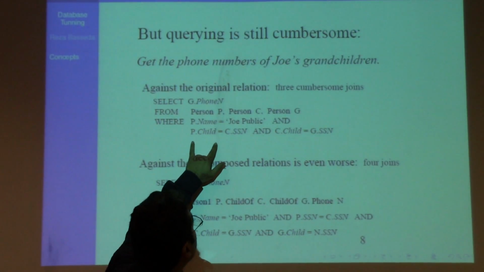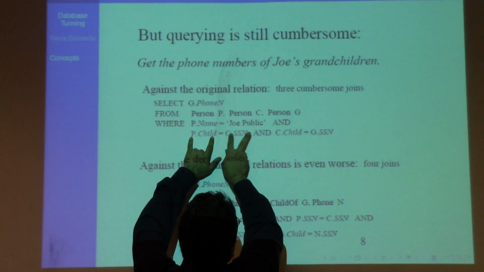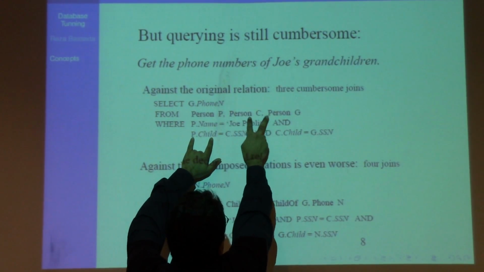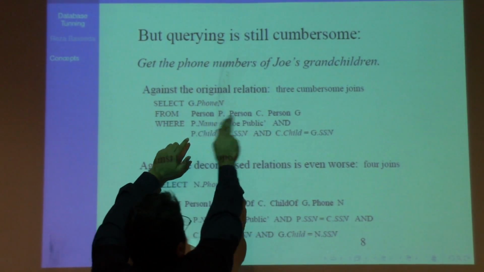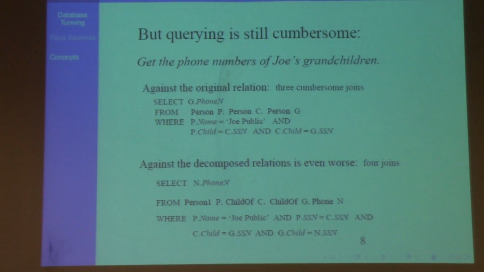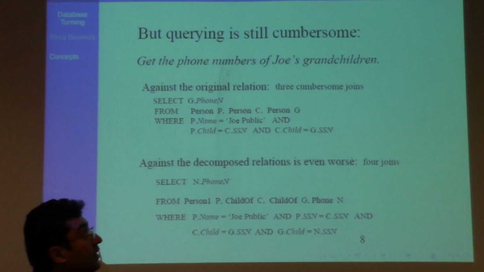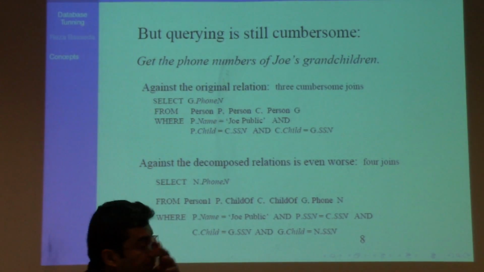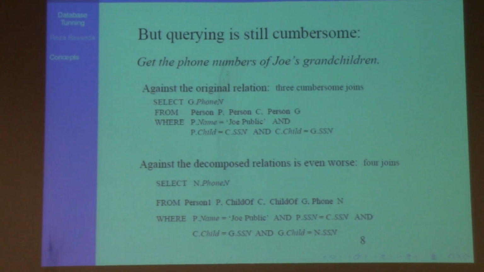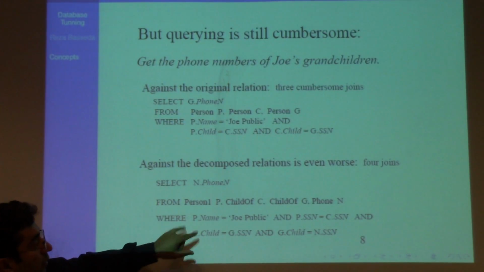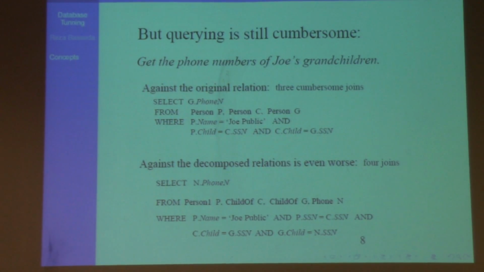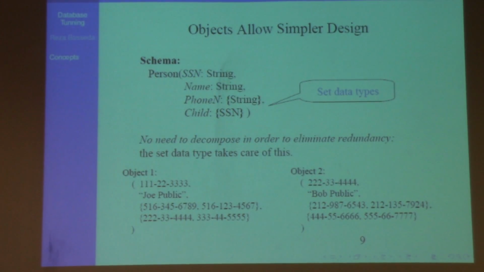You can see that you are multiplying table person 3 times: person P, person C, person G. These are join conditions, and then we put this constraint over here, and then finally we get phone numbers of the G. So, sorry, this is the original relationship, and this is the normalized relationship.